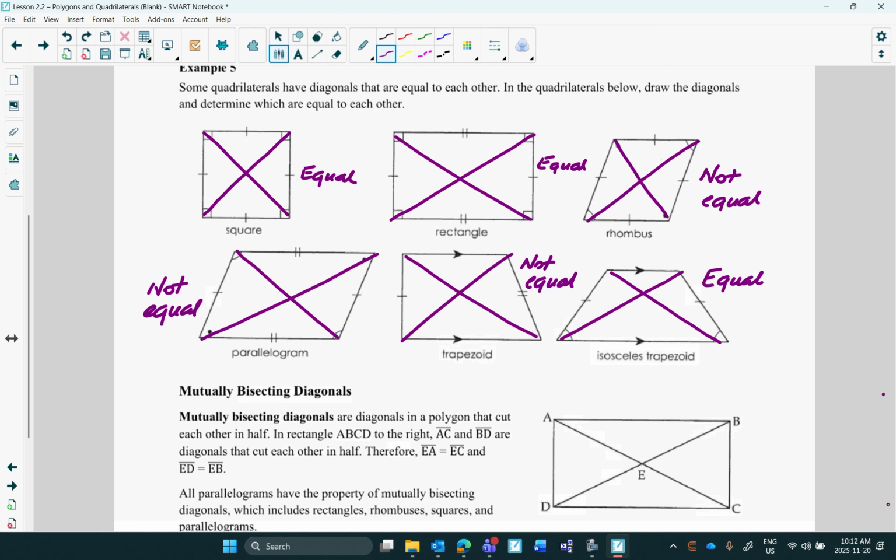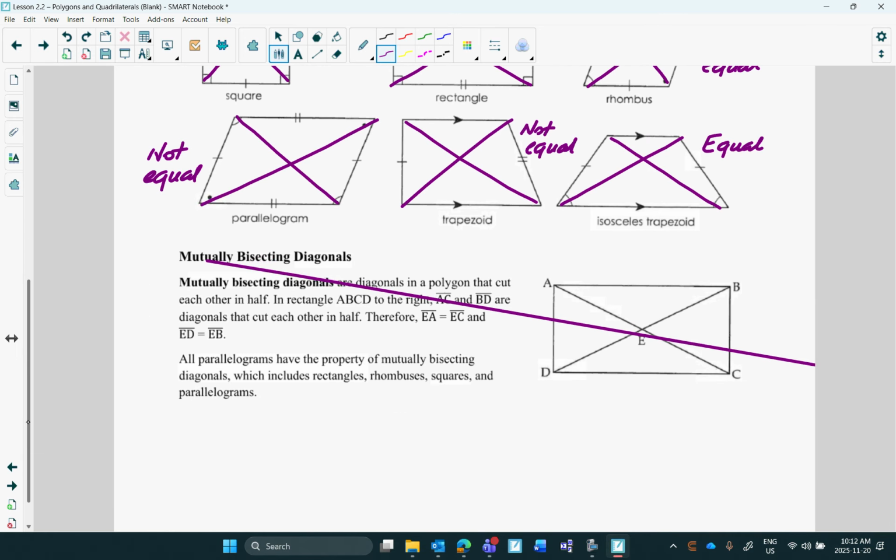Okay, diagonals, they meet each other. They cut across each other, don't they? Inside the quadrilateral. If they bisect each other, that means they split each other into two equal parts. So for example, if we look at this rectangle, we should know that AC is equal to BD. But they split each other in such a way that all the segments that are made are the same.